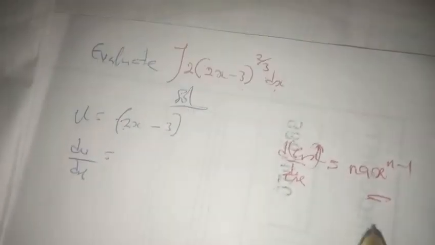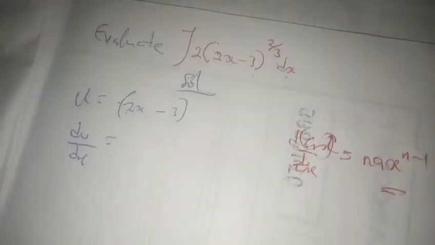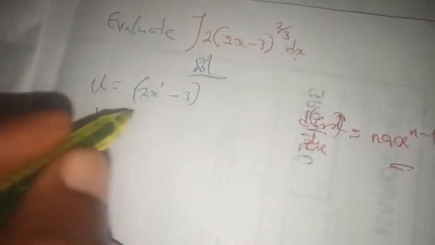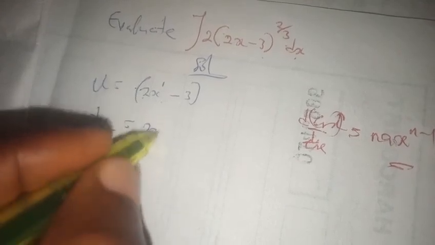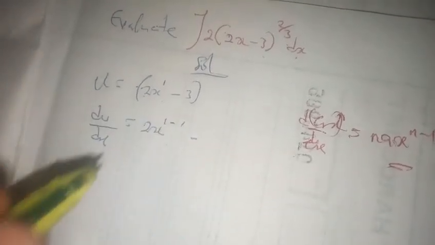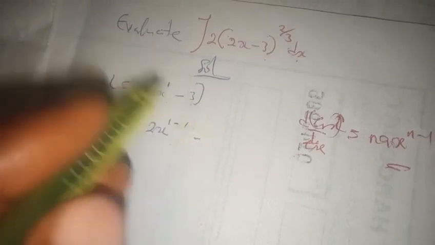So this is the formula for that. In this case you apply that: take 2x, which is raised to power 1 here, so it's going to be 2 times 1, 2x^(1−1), then minus the constant is 0.